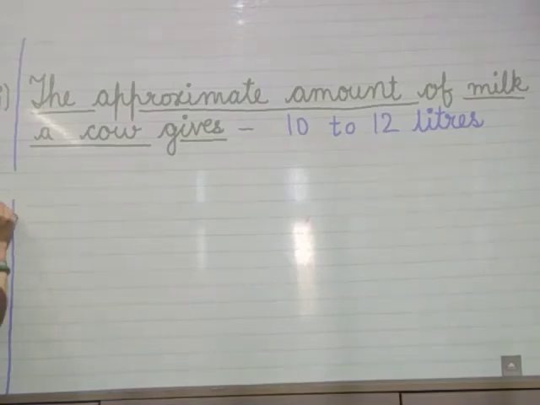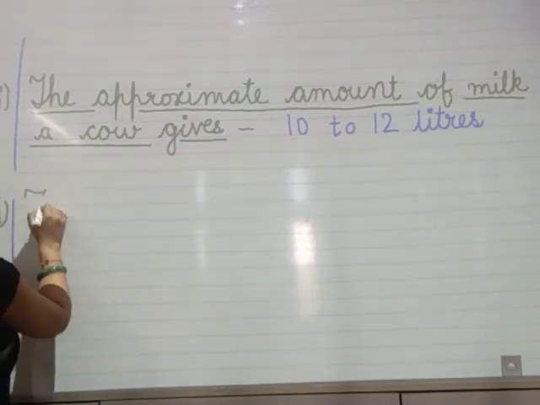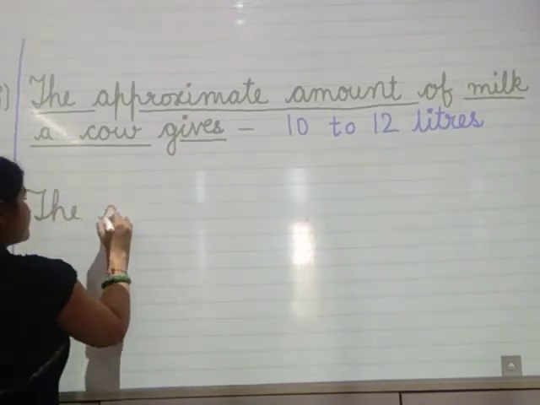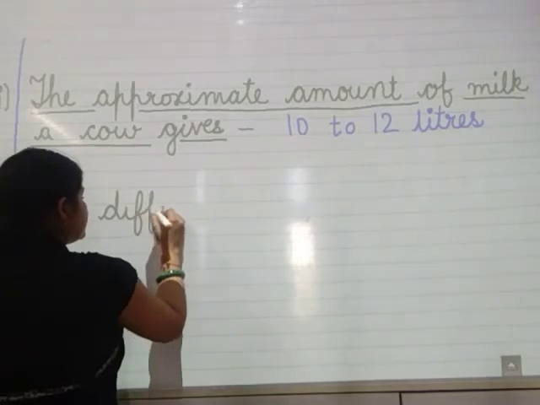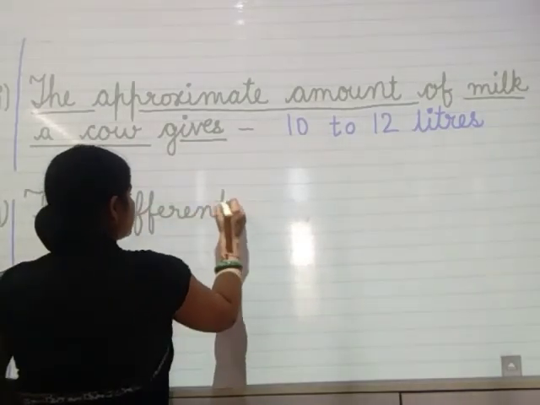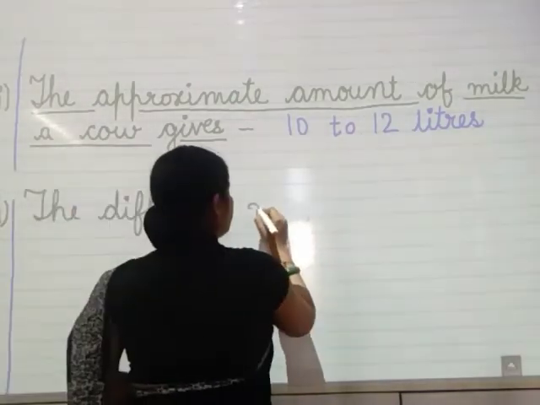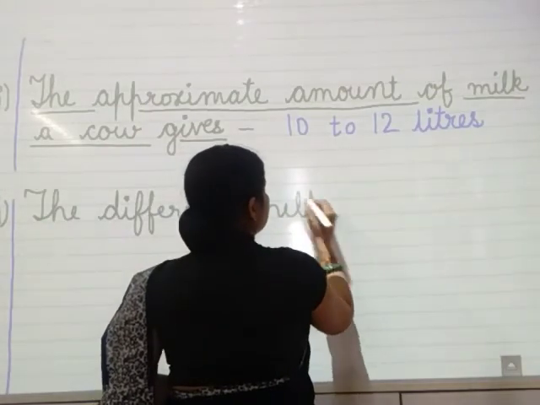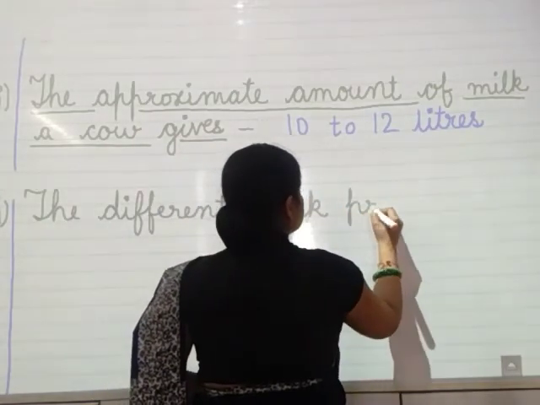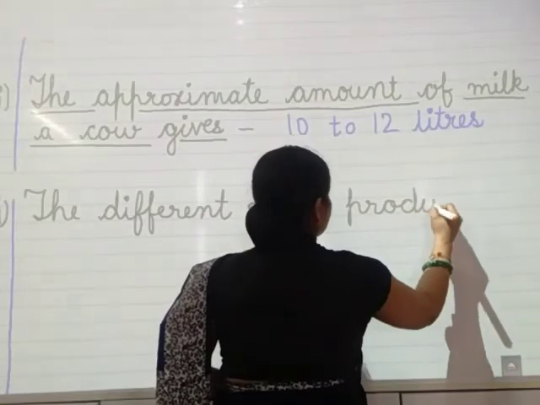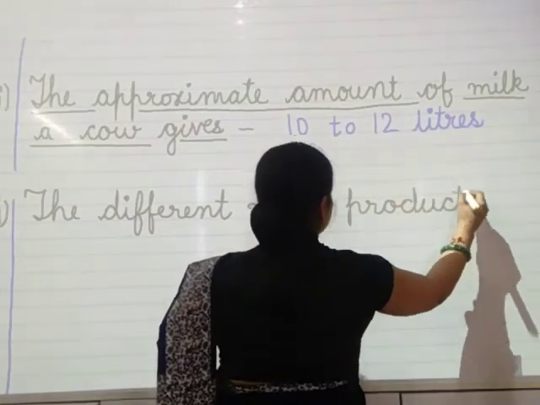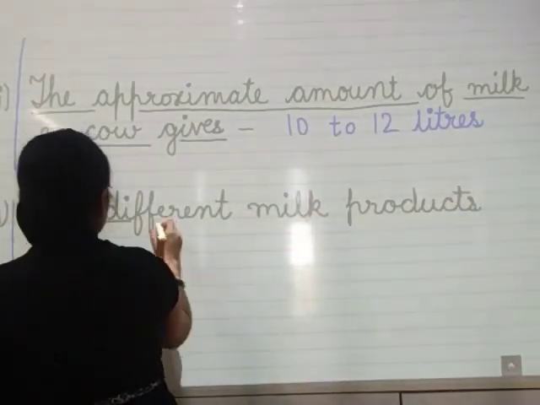You must be knowing that milk is used for making many things. The different milk products. I'm going to write 6 to 7 out of many.